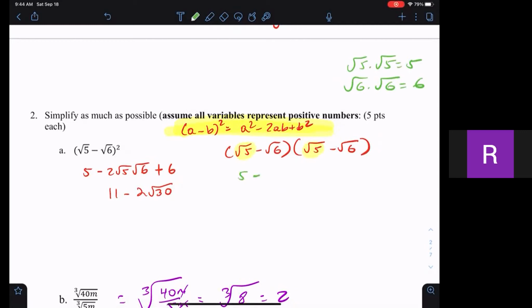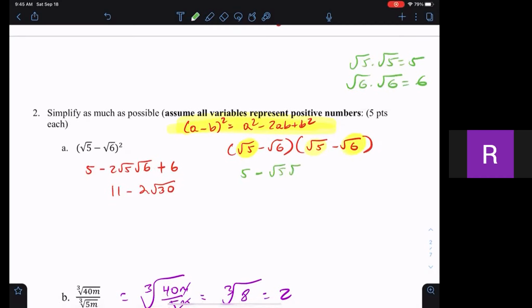And then you're doing this times this, so that's going to be minus root 5 root 6. And then this times this, so that's going to be minus root 6 root 5. And then you have the last one, this one and this one, so that's going to be positive 6.